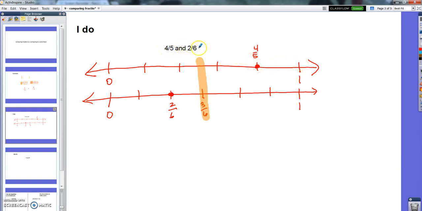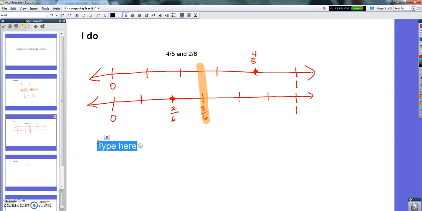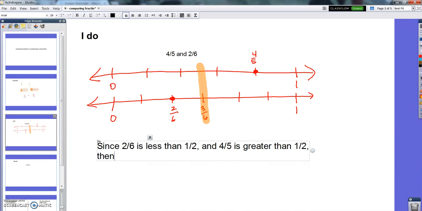And 2/6, I know that's less than a half, and it is. That's all you'd have to say. You could just say quickly, without having done any math on here, since 2/6 is less than 1/2, and 4/5 is greater than 1/2, then 4/5 has to be greater than 2/6.